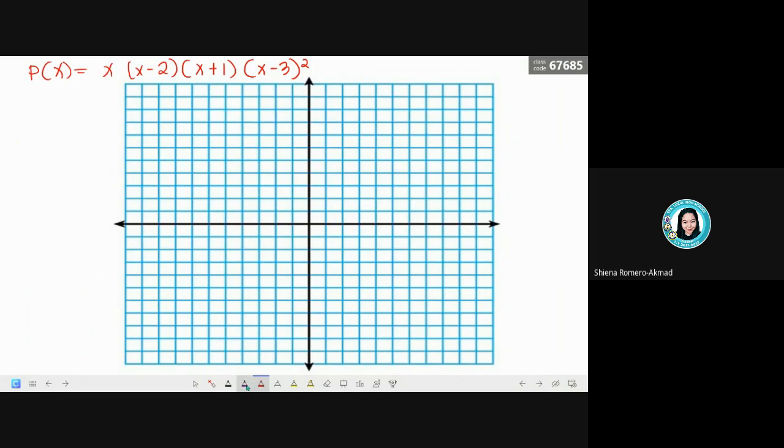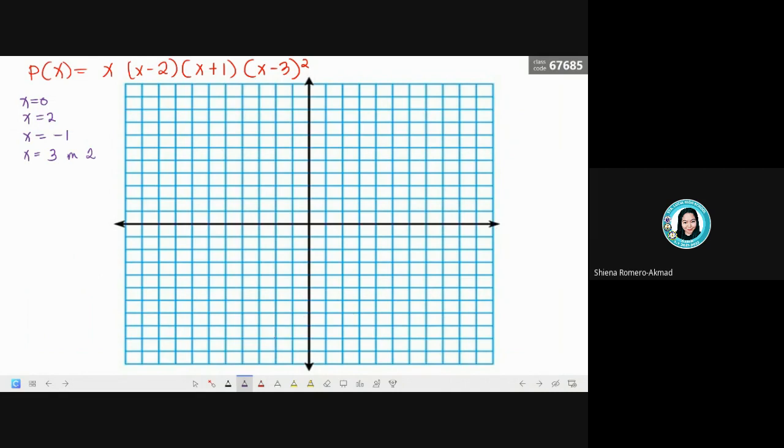So we identified that X is 0, X is 2, X is negative 1, X is positive 3. Multiplicity 2. Ba't ganyan ko sinusulat yun? Dapat ganito. Yan. So let's plot the points.